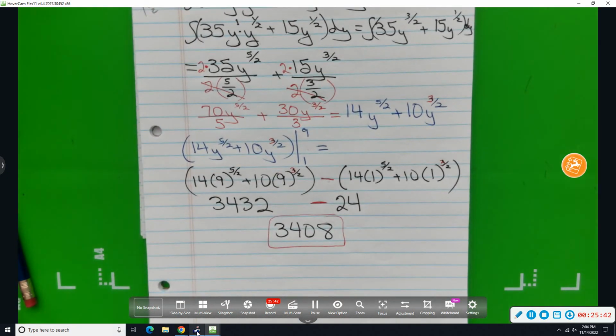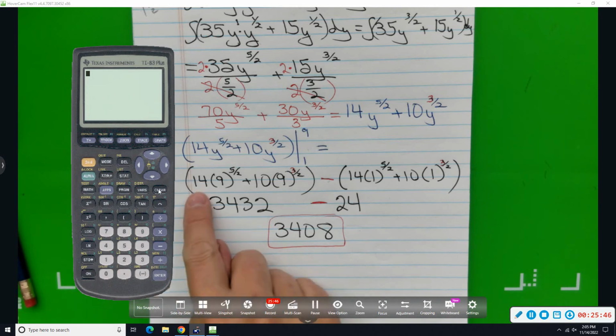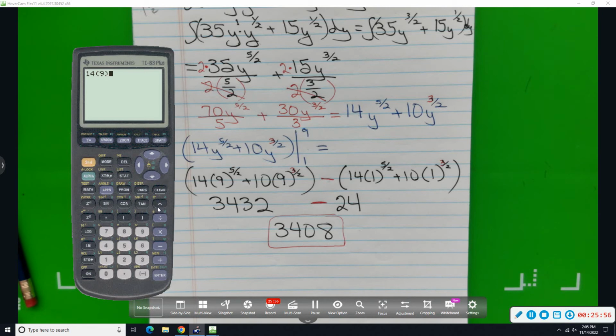Go back to your calculator. Punching in this first portion, this first set of parentheses: 14 times 9 raised to the 5/2 plus 10 times 9 raised to the, what was that exponent? 3/2.